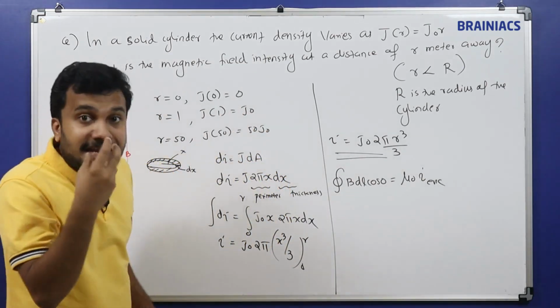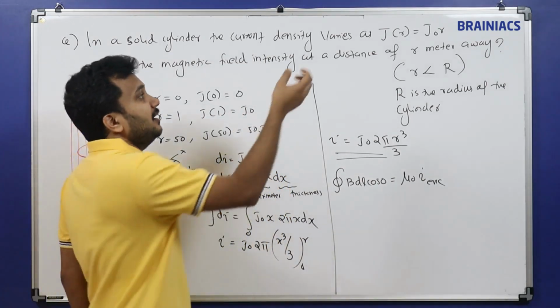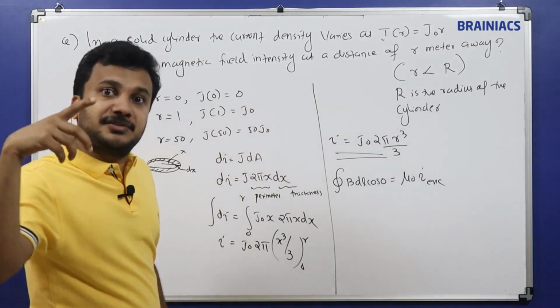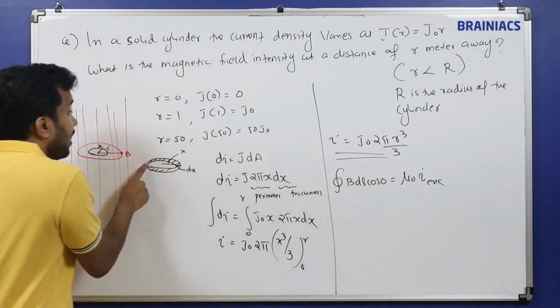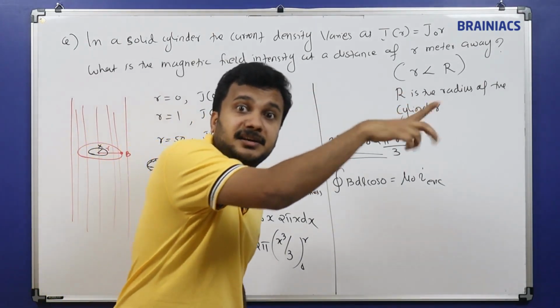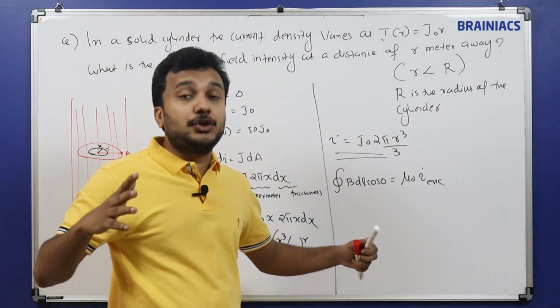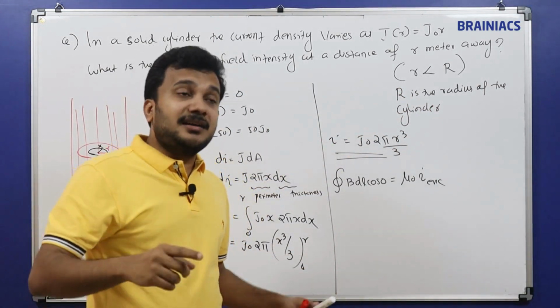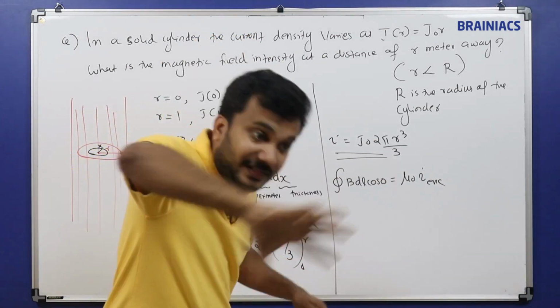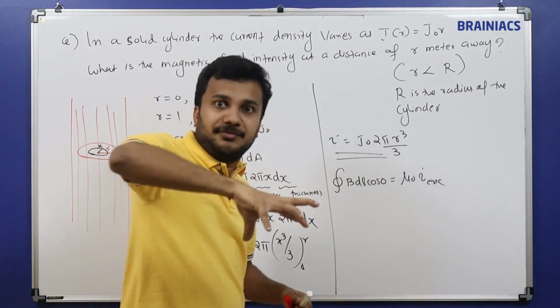There is a hint given to find the current, and that is this hint. At a distance of r meter away, you have this current density. But we don't need the current density at a distance of r meter. We need the current within r meter away. That area we need.